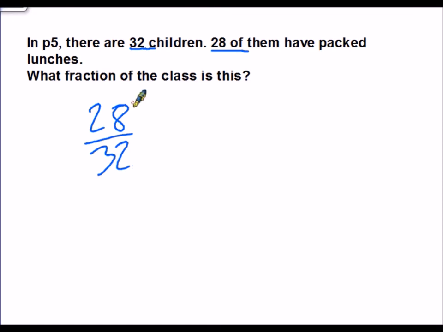So we can simplify this by dividing both of these by 4, because 28 and 32 both appear in the 4 times table. So 28 divided by 4 is 7, 32 divided by 4 is 8. So a simpler way of writing this is that 7/8 of this class have packed lunches.